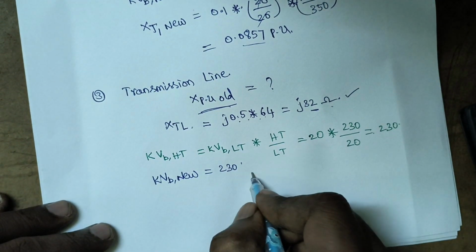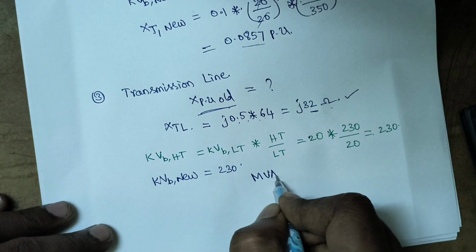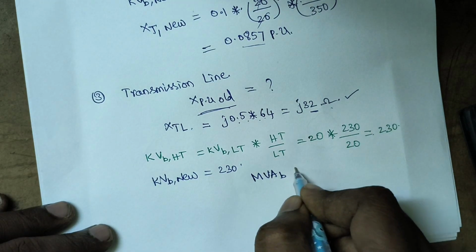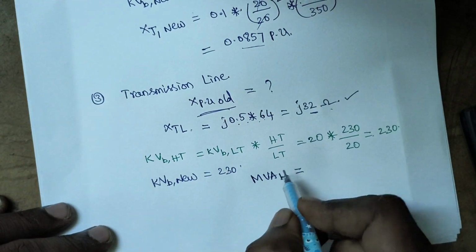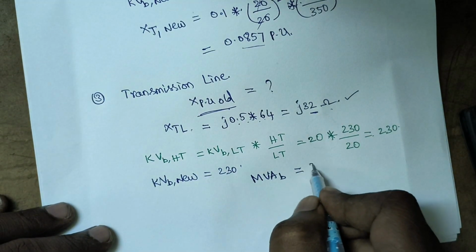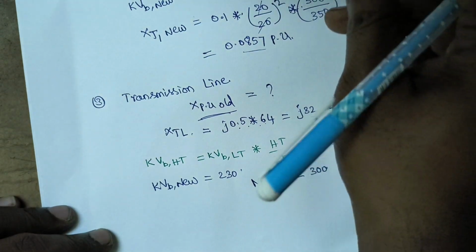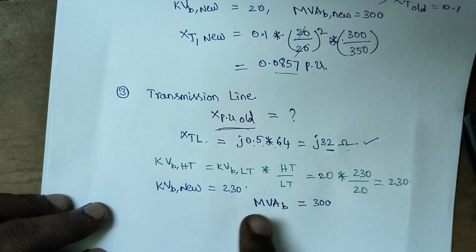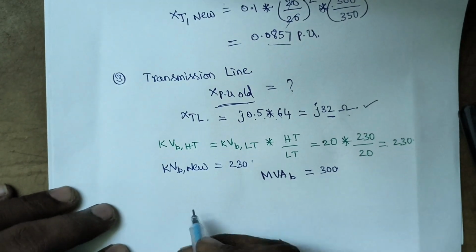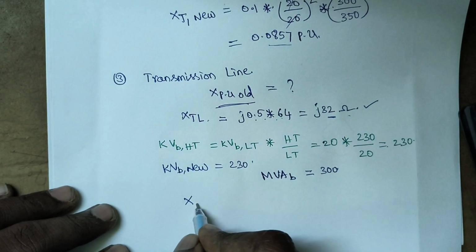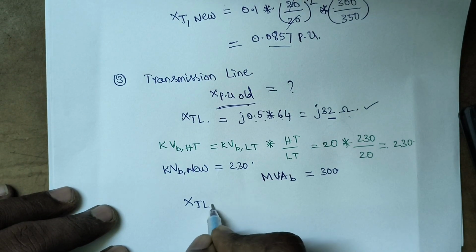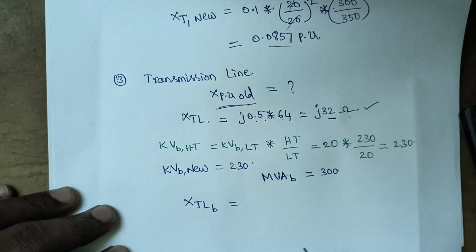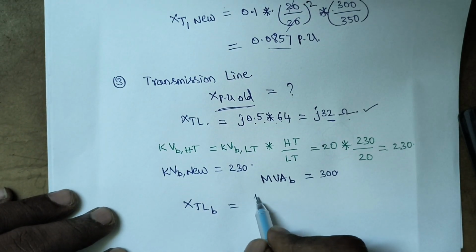Next, what is MVA? MVA cannot be changed. MVAB is the same value, 300 only. I have the actual value; now I want to find the base value. XTL base is equal to, what is the formula?